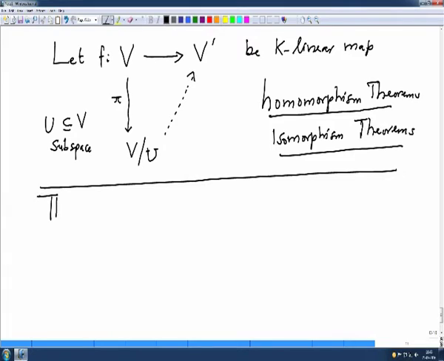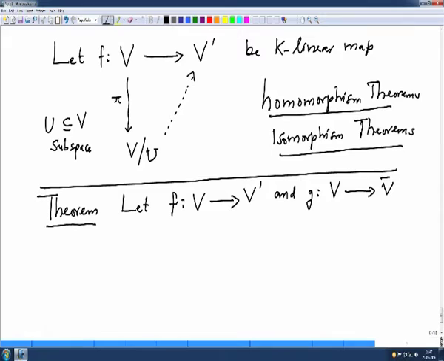Theorem: let F be from V to V prime and G be from V to V bar be K-linear maps.